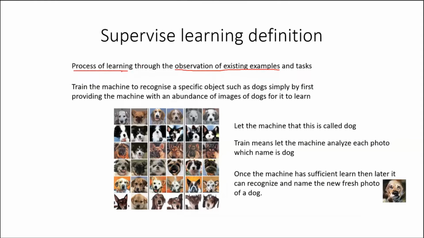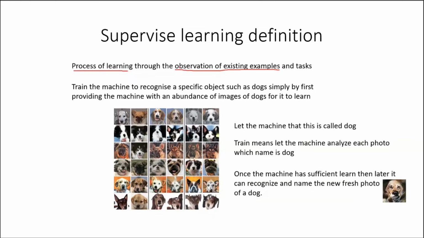And the way it learns, we humans instruct it. We don't let it learn by itself. We tell the machine, this is the first step you're going to do, this is the second step, this is the third step, and so on.